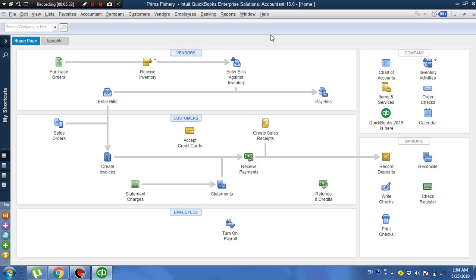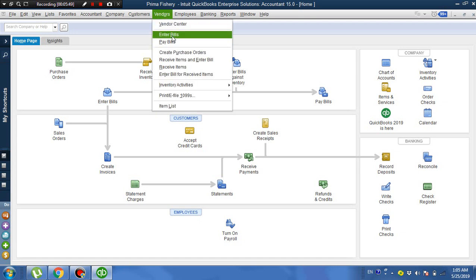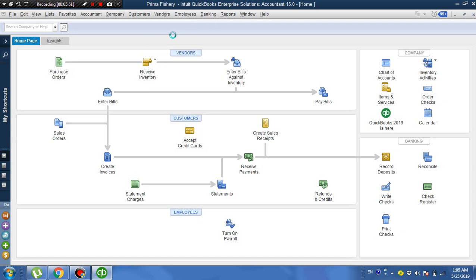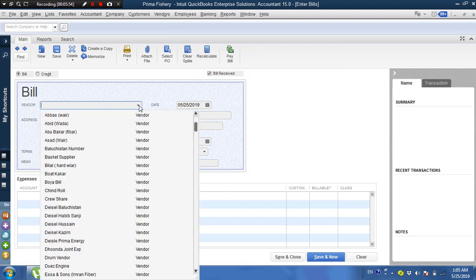In the same way, there are some expenses occurring every time the boat goes into the ocean and the sea for a catch. So expenses definitely occur. We book those expenses here. We are entering bills. There are a lot of vendors.